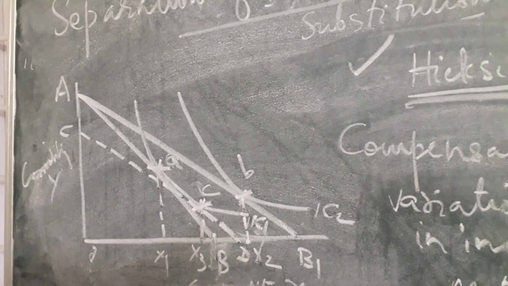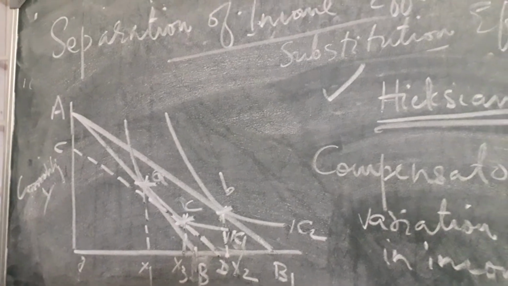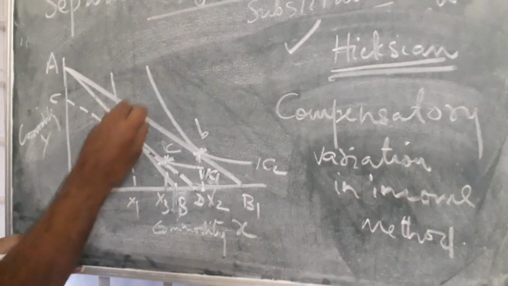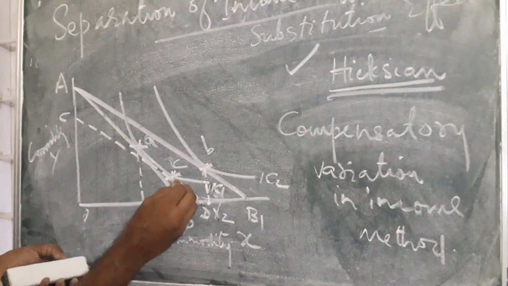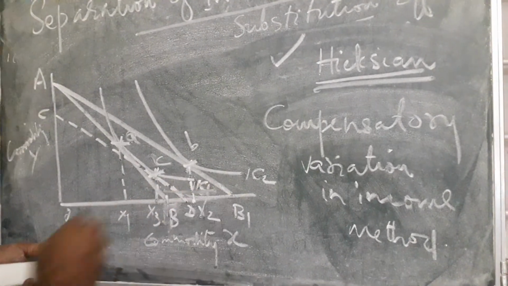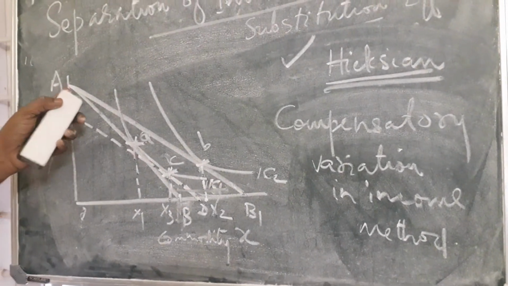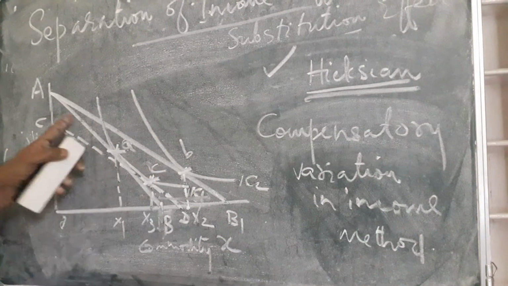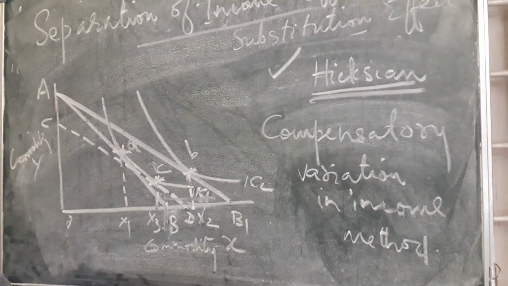Now, if there is a change in the price of commodity X, we have already seen that the price line will shift rightward from AB to AB1.